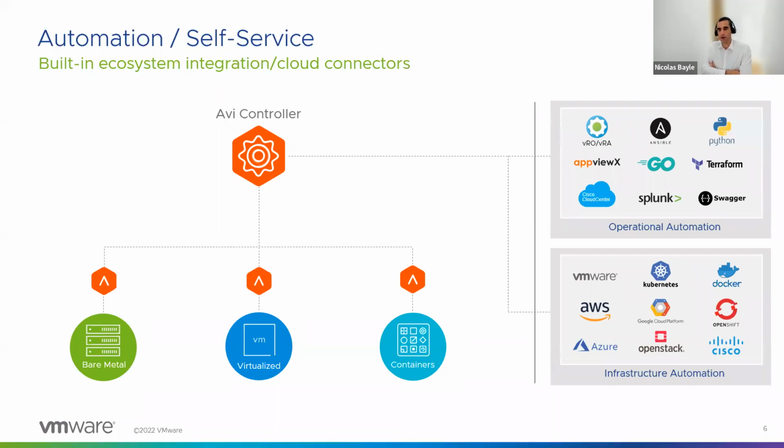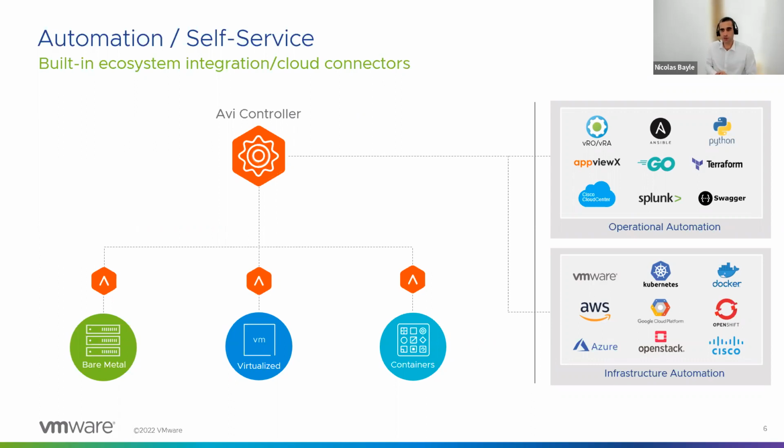If you come from the open source world, probably you love Ansible or Terraform. If you are a programmer and you know a programming language like Python, Java, or Go, you can leverage the SDK that we provide with the AVI product.